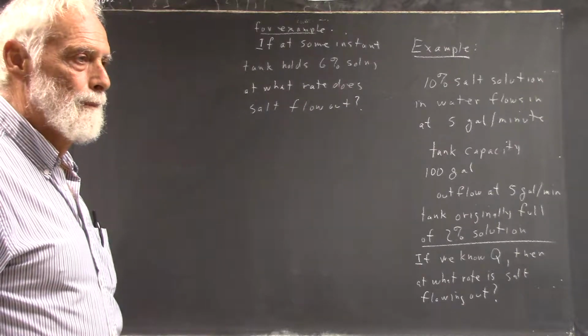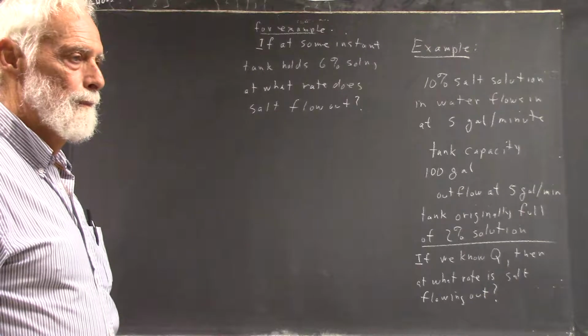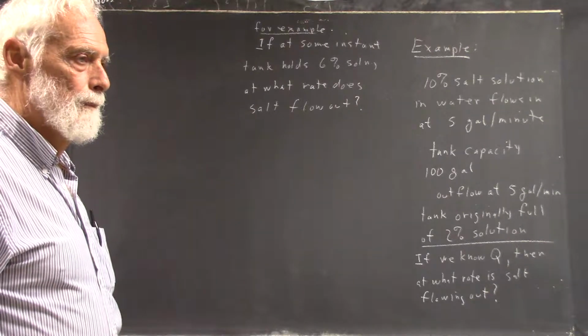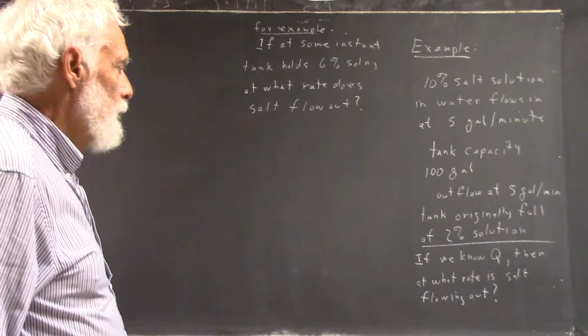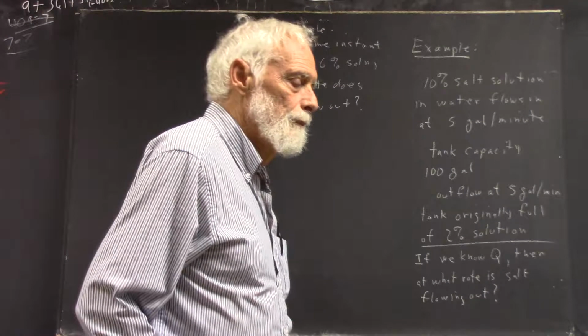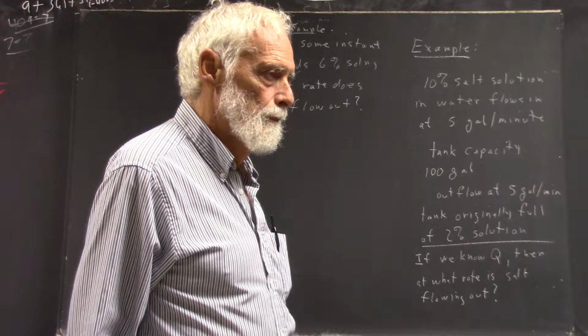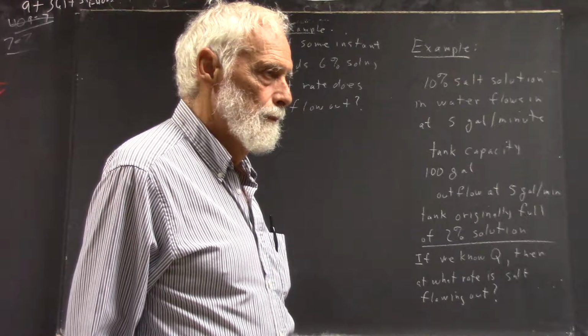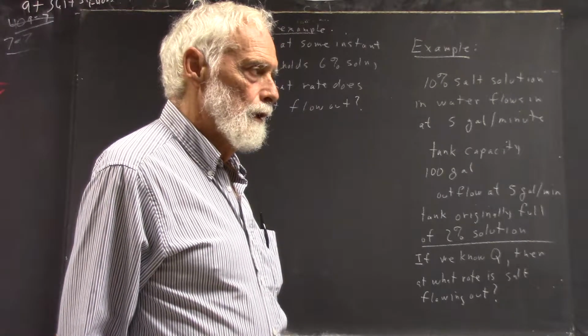Wait, it's the, so we've got 6%, that's 6 gallons out of the 100 is salt. Yeah. And multiply that times 5 gallons per minute, or divide that by 100 gallons, you get 0.06 times 5. Yeah.